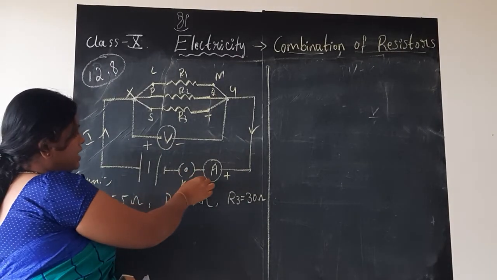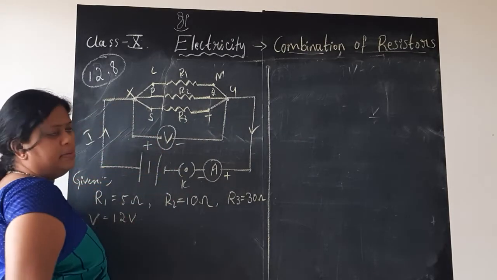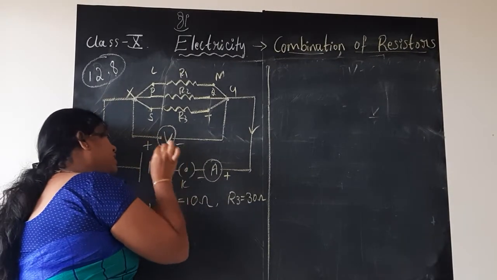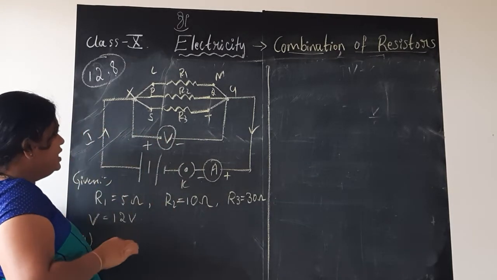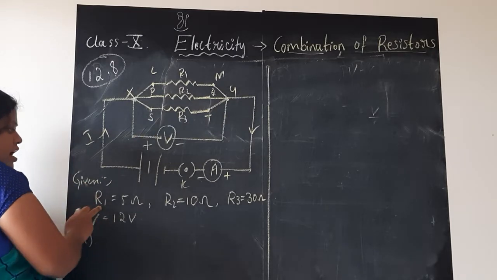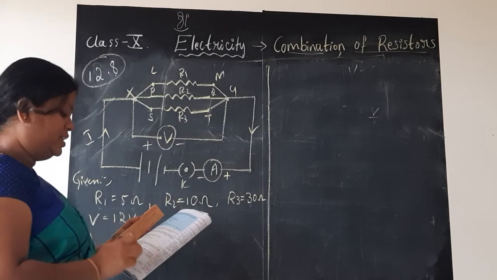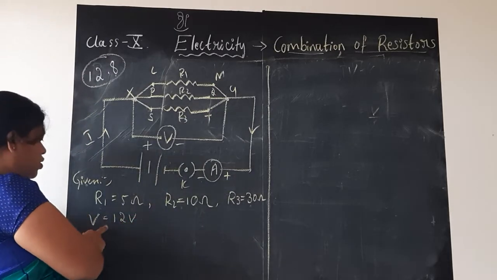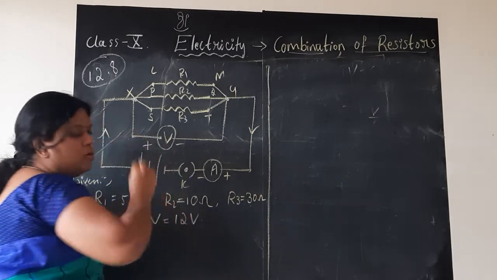Then the ammeter is connected, and you have the battery and the plug key. Switch on the plug key. Next, they are telling the values of the three resistors. Given R1 is 5 ohm, R2 is 10 ohm, R3 is 30 ohm, and it is connected to a battery of 12 volts, meaning the value of V is 12 volts.